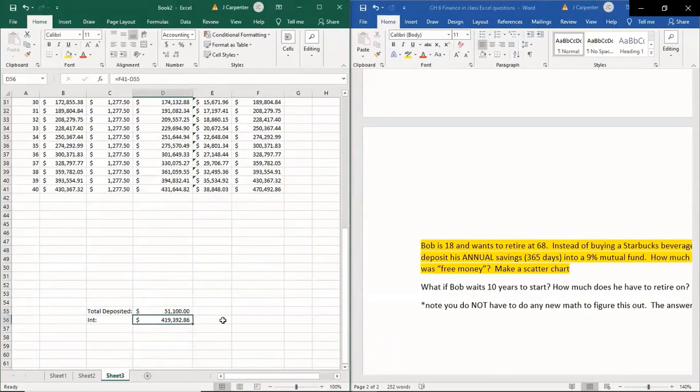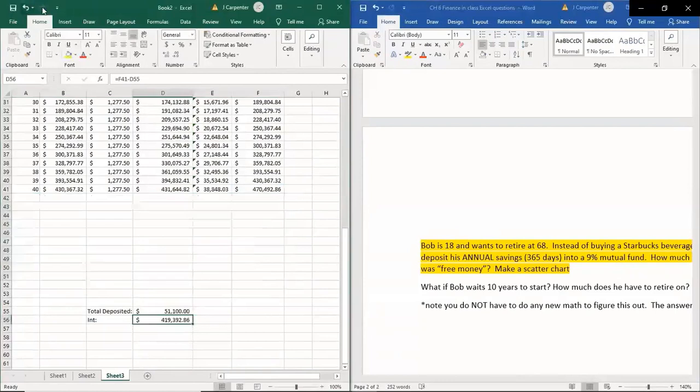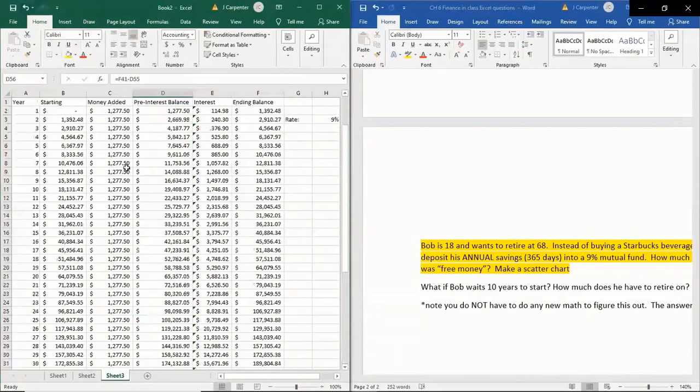Again, that's not bad, but if you see this when you're 18, you go, ooh, let me start now, because I just lost about 600 grand, almost 700 grand. How can you make that money back up though? I need to see the number, 1.13 million, okay. How can you make that money up? Well, maybe you double deposit. Maybe instead of depositing 1 cup of coffee a day, you deposit 2 cups of coffee a day.